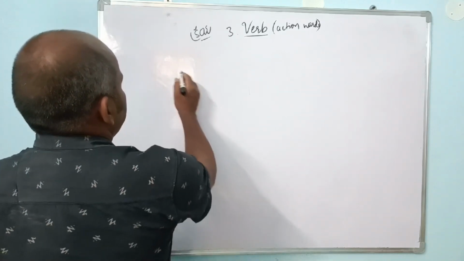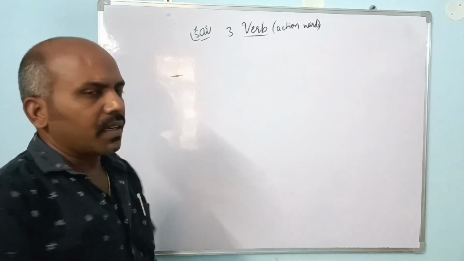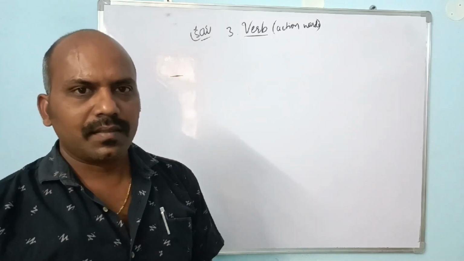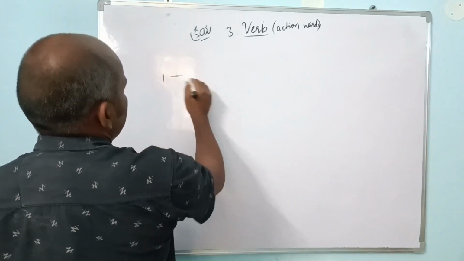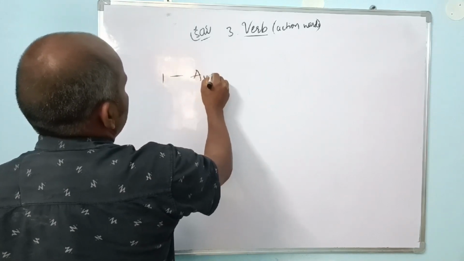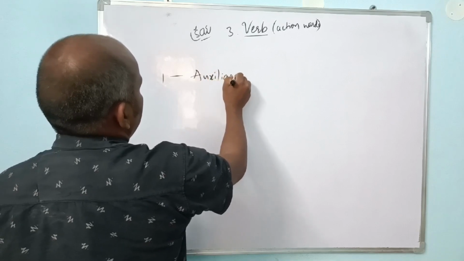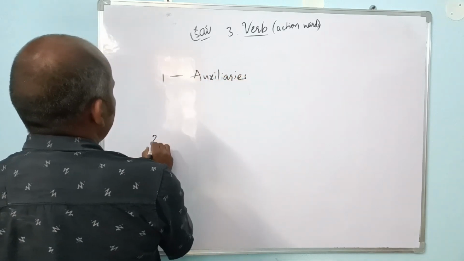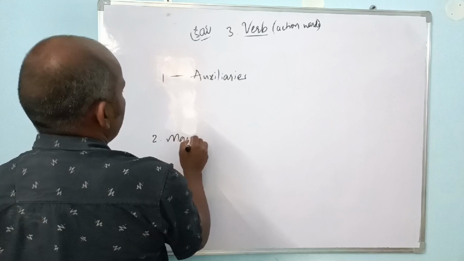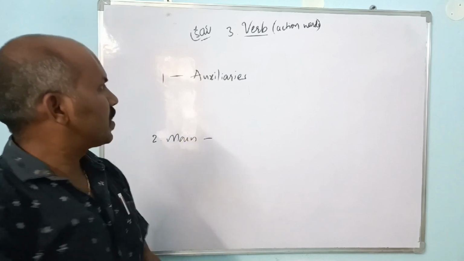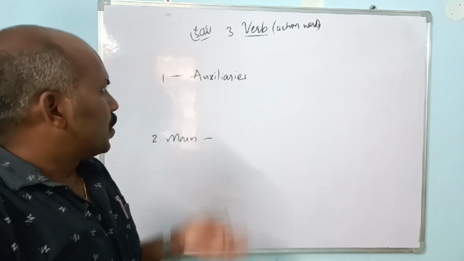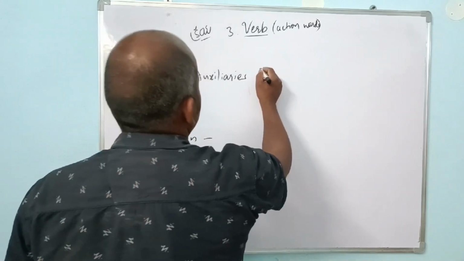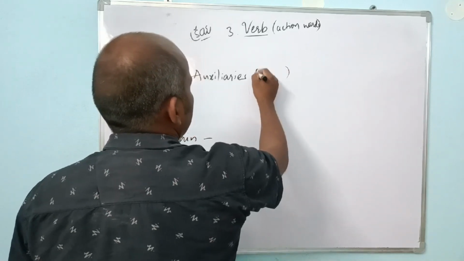And in verbs, according to their functions, they are divided into two types. Number one is auxiliaries, and number two is main verbs, right? Auxiliaries and main verbs. Here, about auxiliaries, some people say there is no number, unlimited.